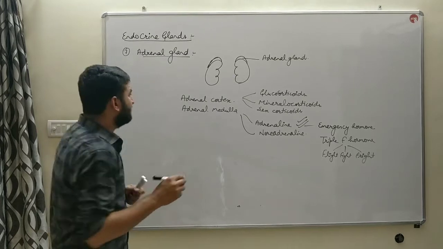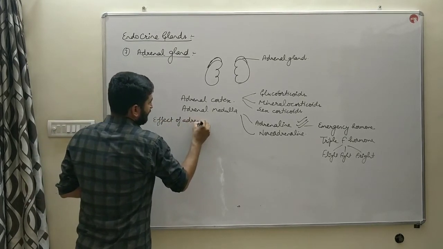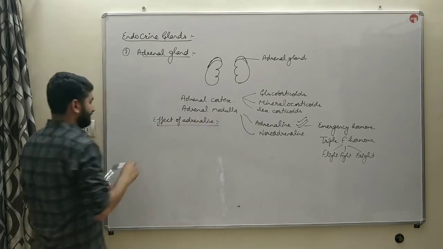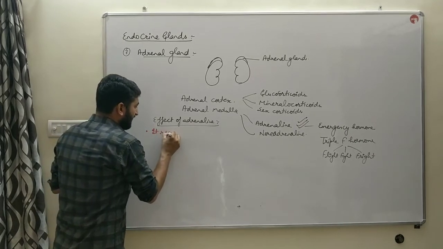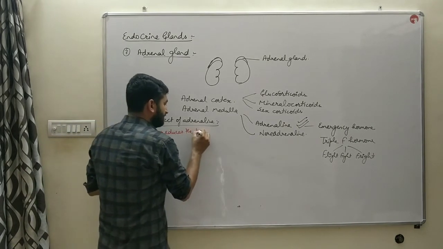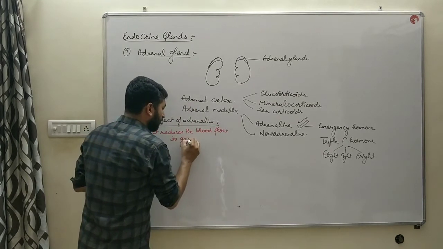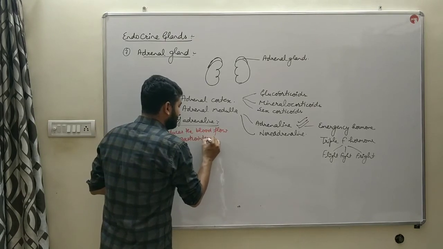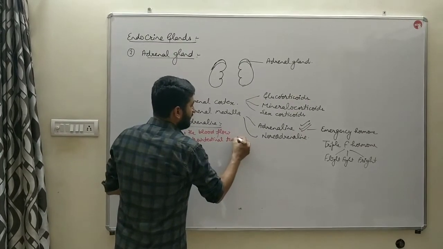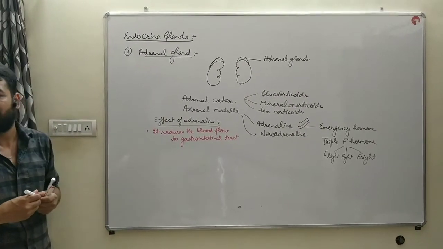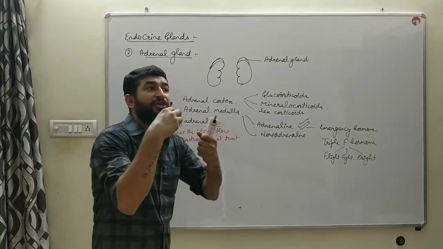What is the effect of adrenaline on our body? What is the function of adrenaline? It reduces the blood flow to the gastrointestinal tract, the tract which requires a large amount of blood, and during an emergency condition that tract does not require blood in that much regular amount, so the blood is substantially reduced to that region.